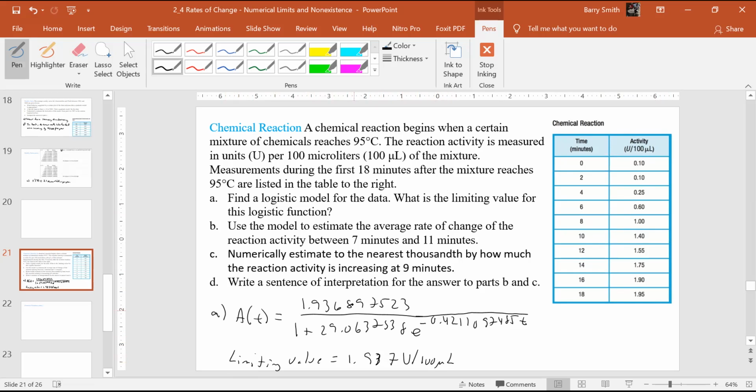So that's our function. That's our limiting value. And now this one, what is A? Well, remember, we have to kind of have our units here. We have U per 100 microliters. Gives a measurement of reaction activity, basically. And again, this is for t less than or equal to 18, greater than or equal to 0.